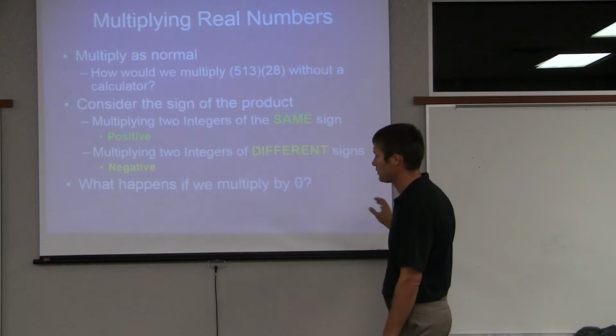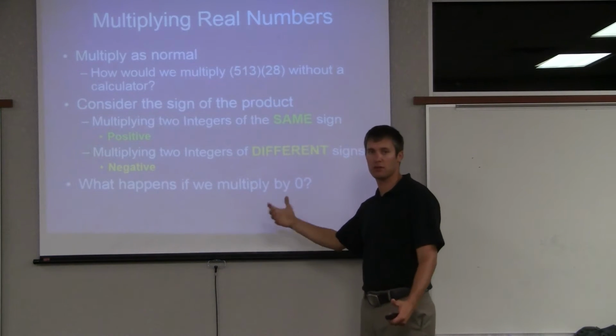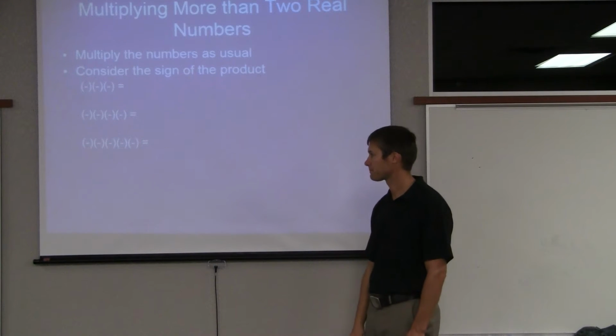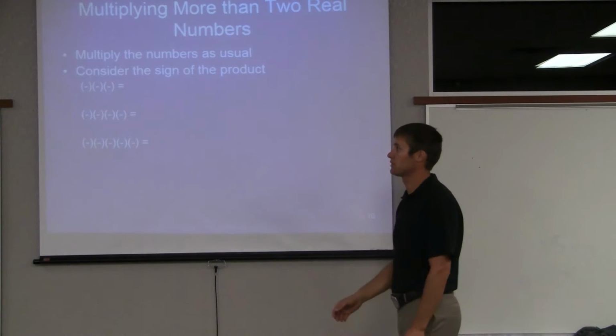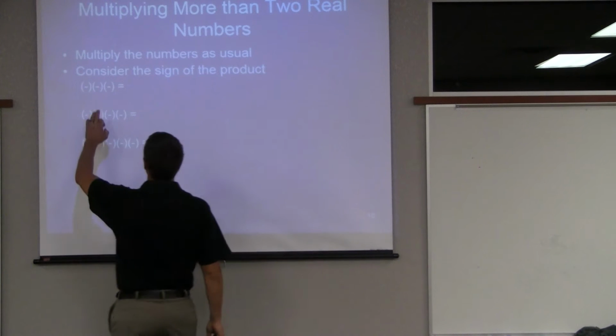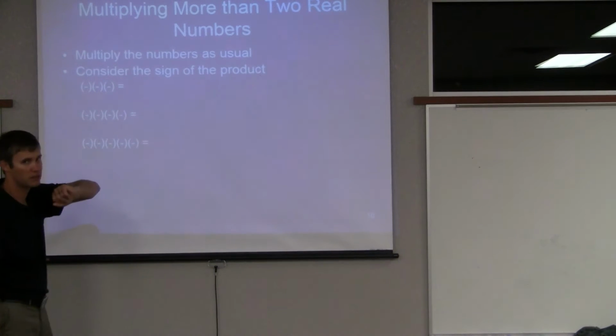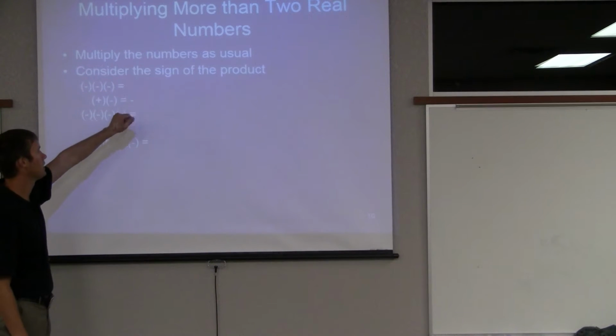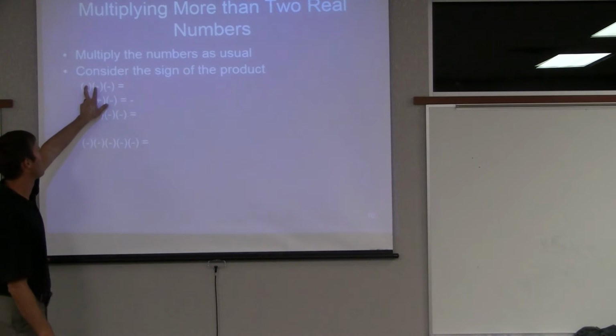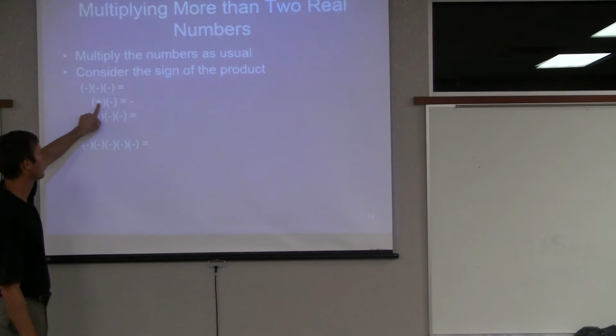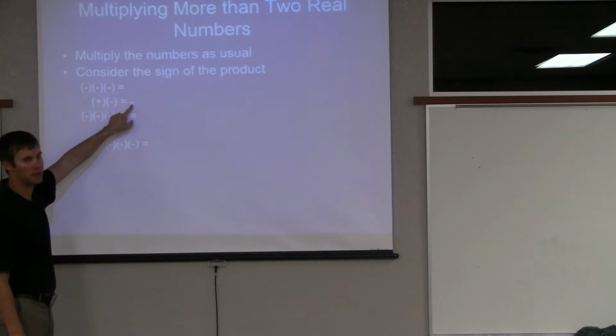The other thing is, anytime you multiply by 0, you get 0. If you have three negatives, 1, 2, 3 negatives, in the end your answer will be negative. Two negatives turn into a positive, and a positive and a negative make a negative.